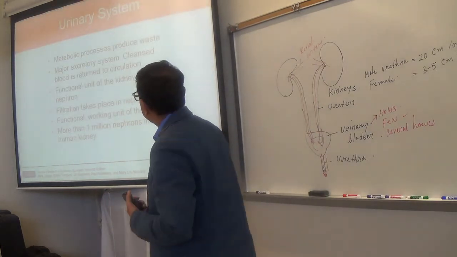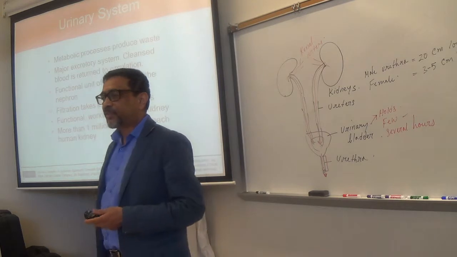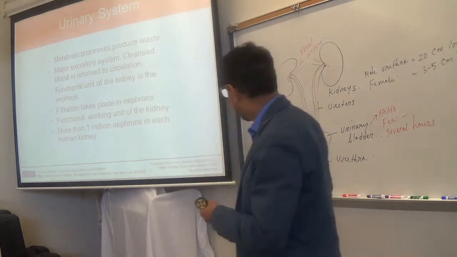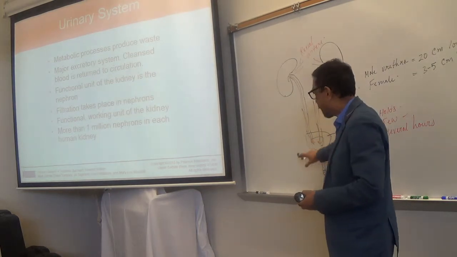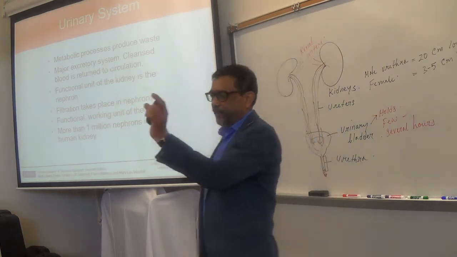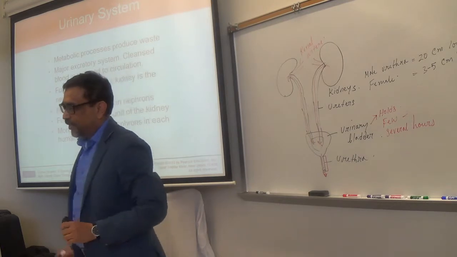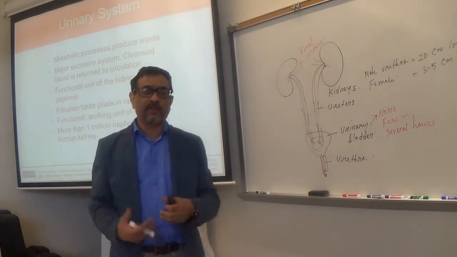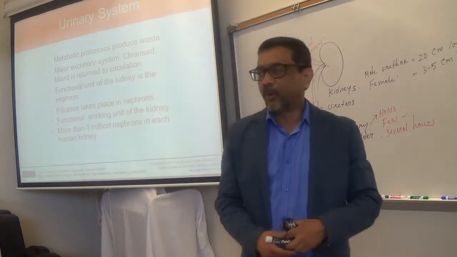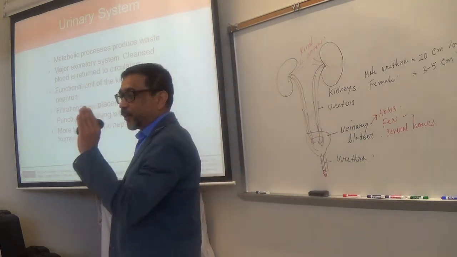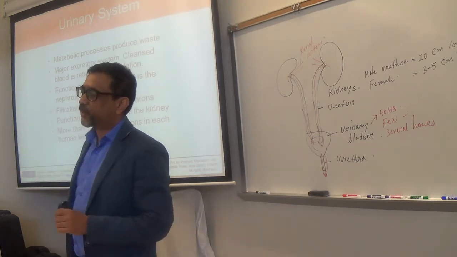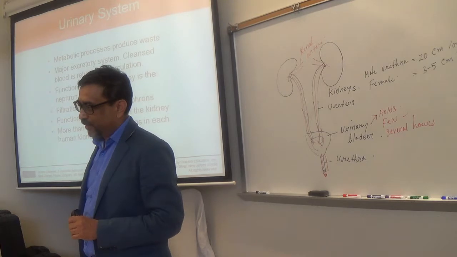Now, the functions of the urinary system as a whole. I mentioned the functions of the kidneys, ureter, bladder, urethra. Those are individual organs and their functions. Now, if I ask you as a whole, what are the important functions of the urinary system? Number one, the urinary system is the major excretory system of the body.